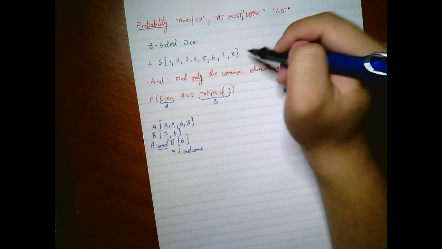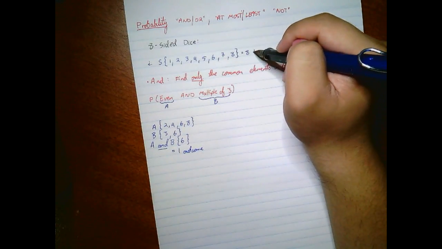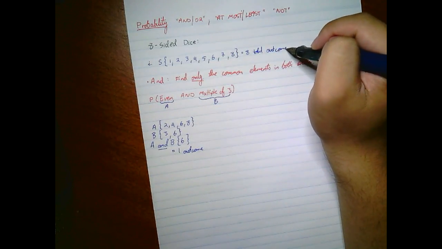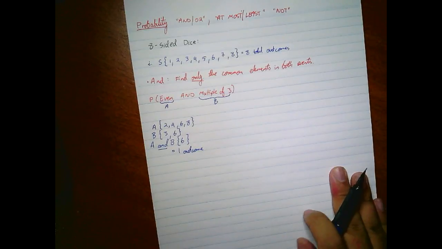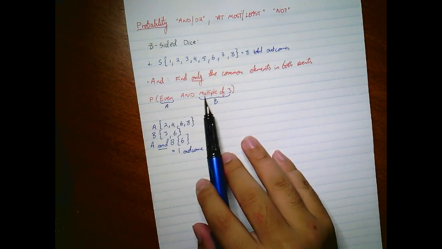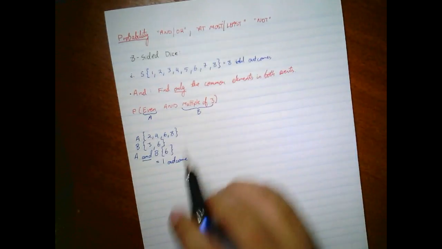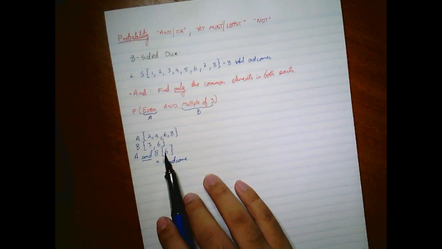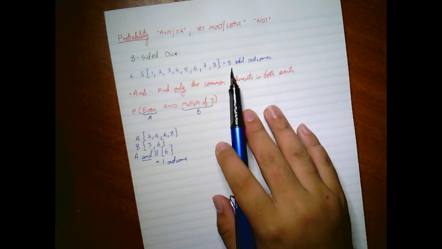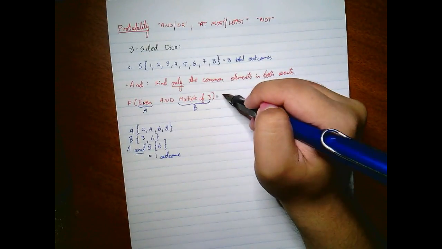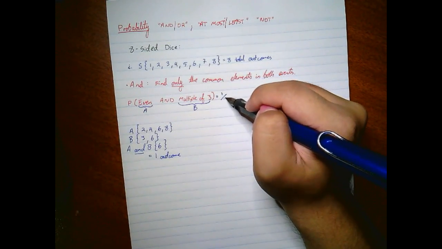Oh, I forgot to add here, there are 8 total outcomes, which means the probability of even and a multiple of 3 will be 1 outcome, which is what we just counted, out of 8. So that gives us 1 out of 8.